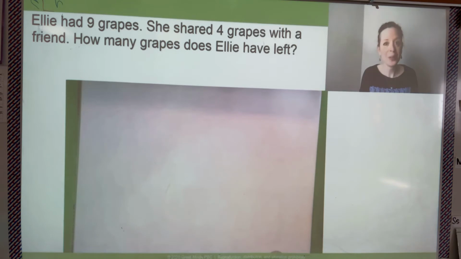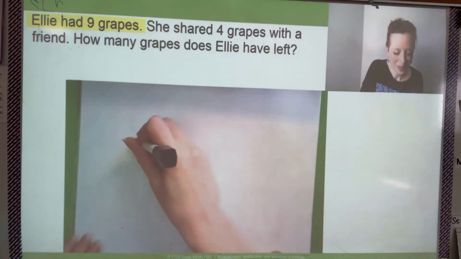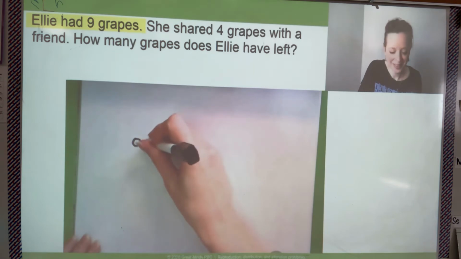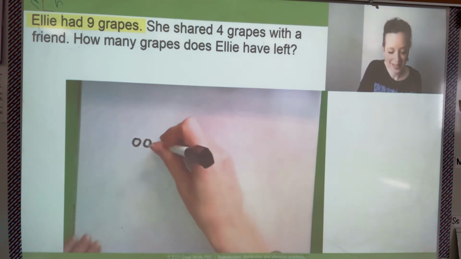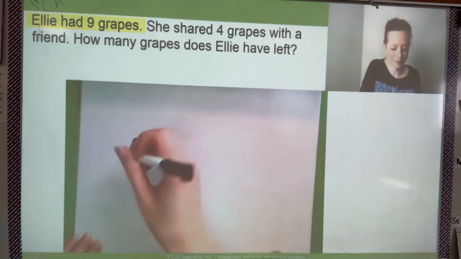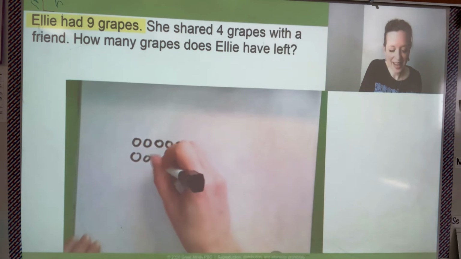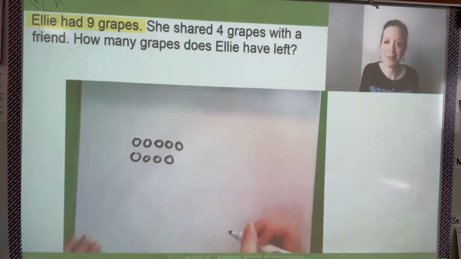Let's show the story with pictures. Ellie had 9 grapes. Let's draw 9 grapes or circles in 5 group rows. Okay, do it in a 5 group. 1 grape, 2 grapes, 3, 4, 5 grapes. 6, 7, 8, 9 grapes.